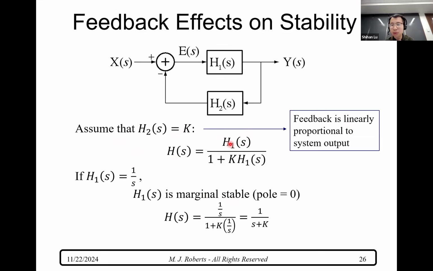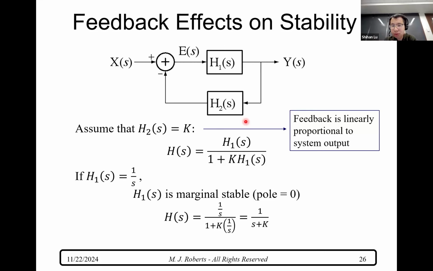H1 of S over 1 plus K times H1 of S. So now let's assume that the original system has the transfer function 1 over S. So this system response, the original system response of the plant, is actually a unit step function, right?